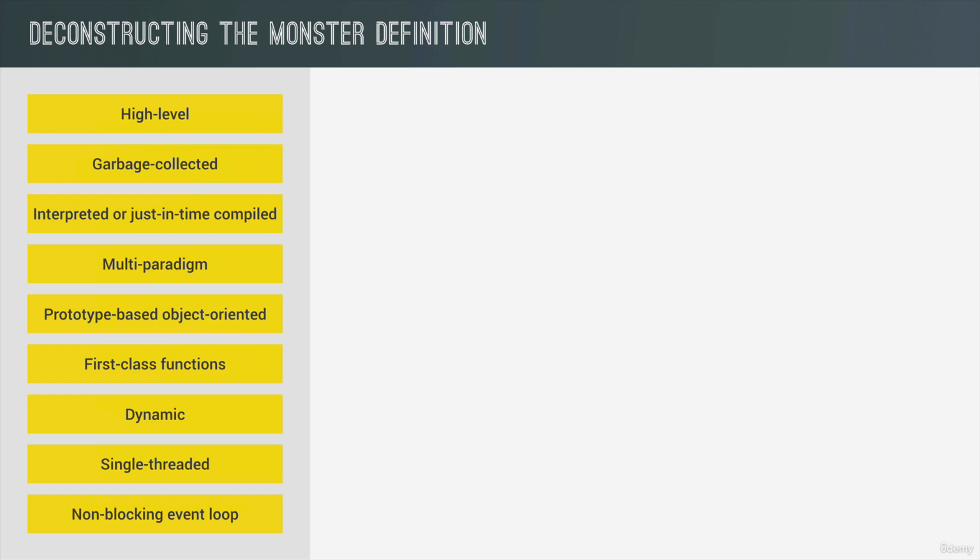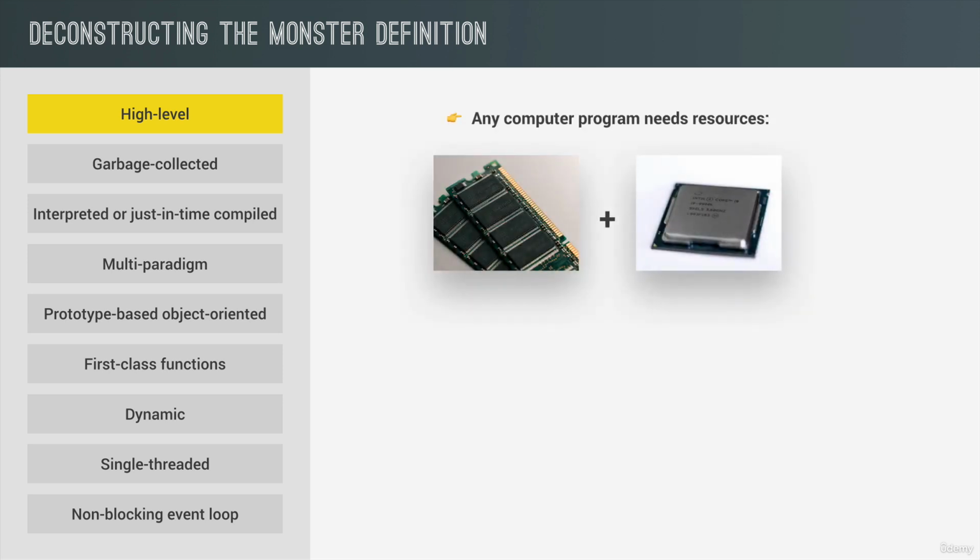So these are the 9 JavaScript topics that we're briefly going to talk about in this lecture, slightly reordered. And starting with the high-level part, as you might already know, every program that runs on your computer needs some hardware resources, such as memory and a CPU, to do its work. Now, there are low-level languages, such as C, where you have to manually manage these resources.